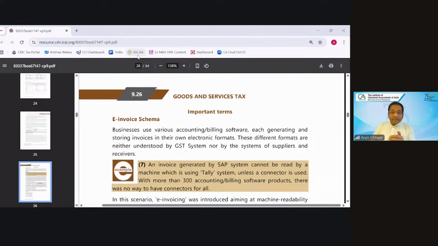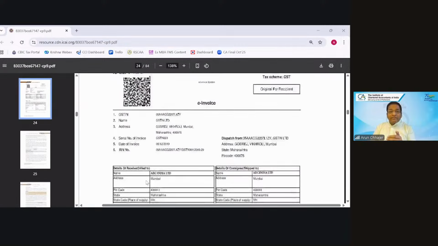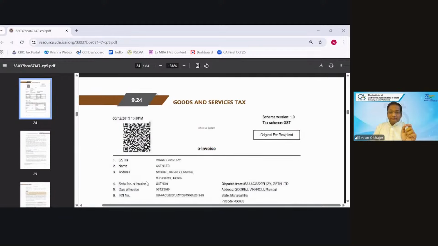The outcome will be in this manner only, which is called INV1. The outcome will always be like this. The placement can be different, but INV1 will be required for all the categories, all the transactions.